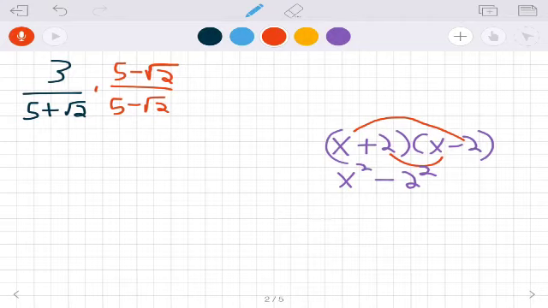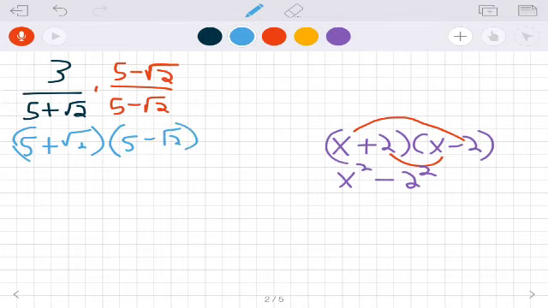Now, what do we actually need to go ahead and do? Well, down here we have 5 plus the square root of 2 times 5 minus the square root of 2. And as we saw over here, we're going to end up with 5 squared minus the square root of 2 squared.